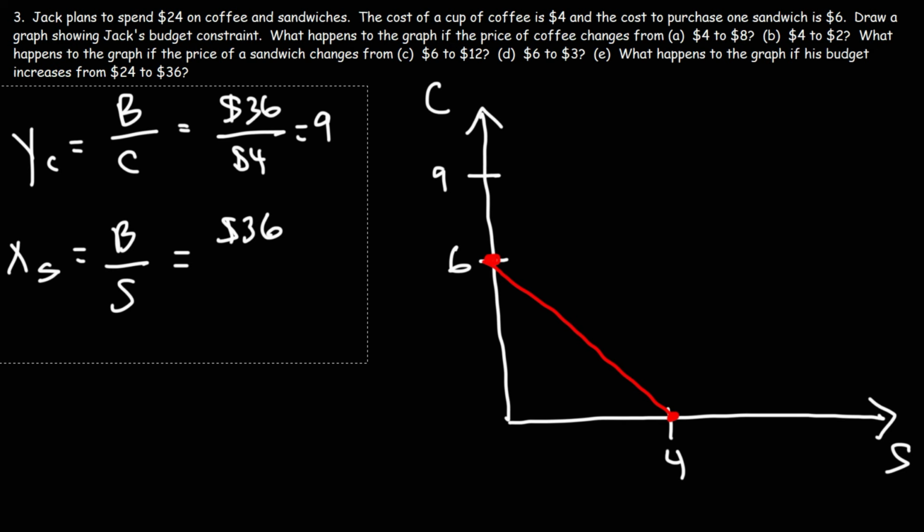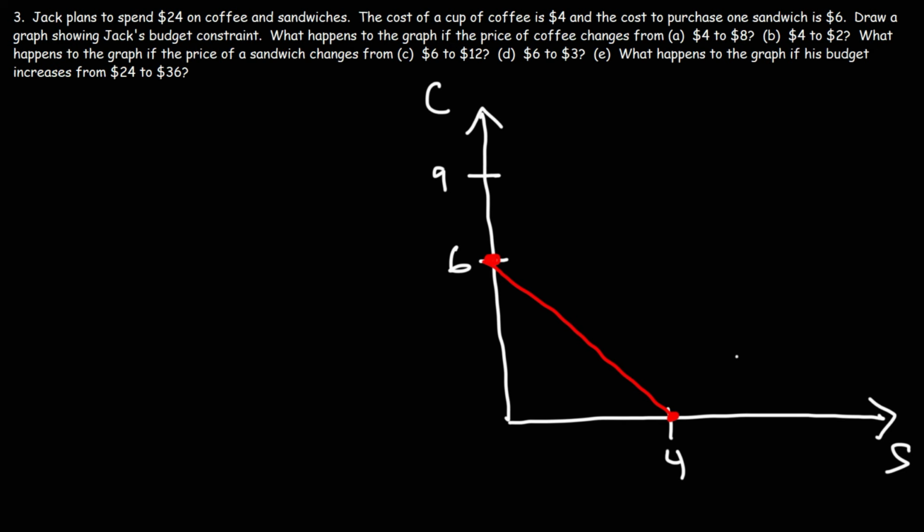Now, let's say we have 3 points. Let me just get rid of this. We're going to say point A, point B, and point C. So notice that point B is on the budget line, point A is below the budget line, point C is outside of it.